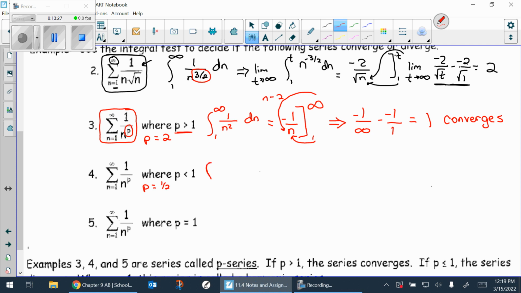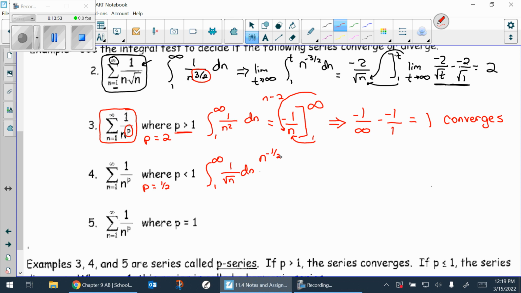So I'm going to take the integral from 1 to infinity, and I'm going to have 1 over n to the 1/2, which is square root of n, which is the same as n to the -1/2. So I've chosen a value of p that is less than 1.